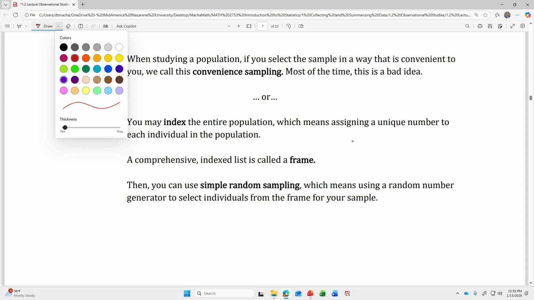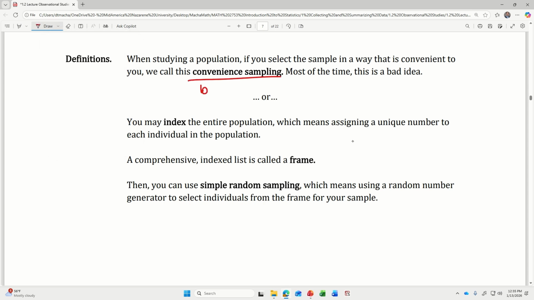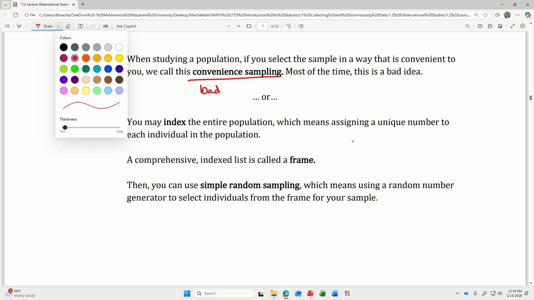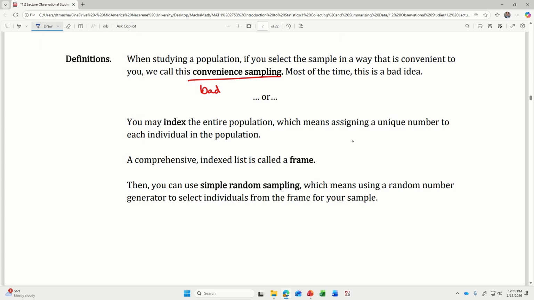So what's a better way of doing things? We could index the entire population. Index means I number everybody off. So if I start numbering 1, 2, 3, 4, 5, 6, 7, that means Maddie's index is 5, right?